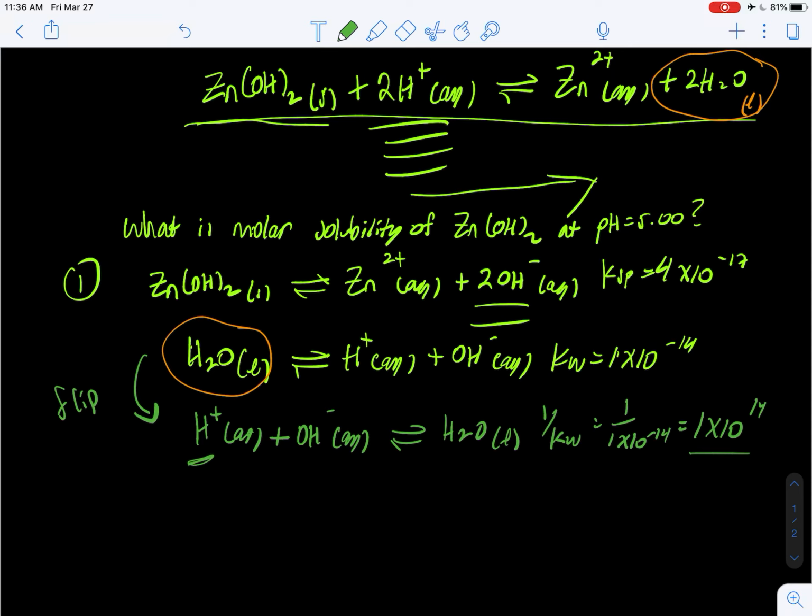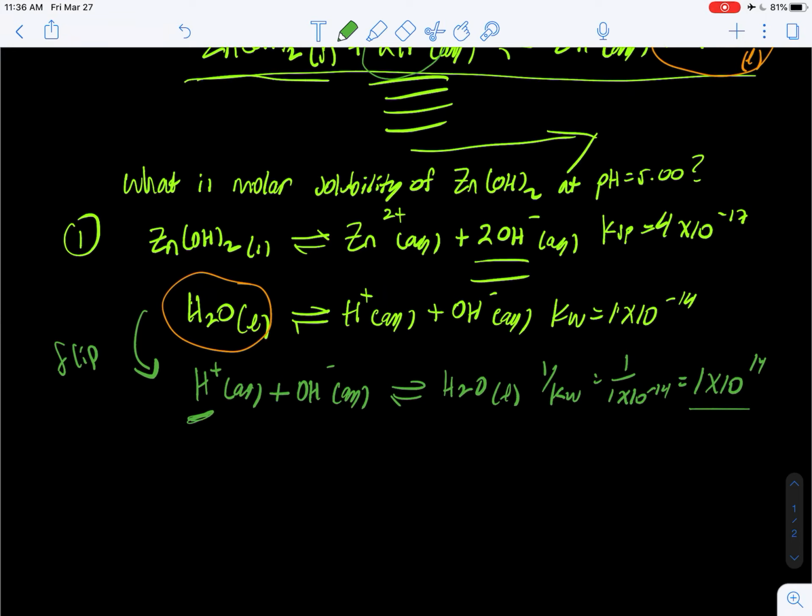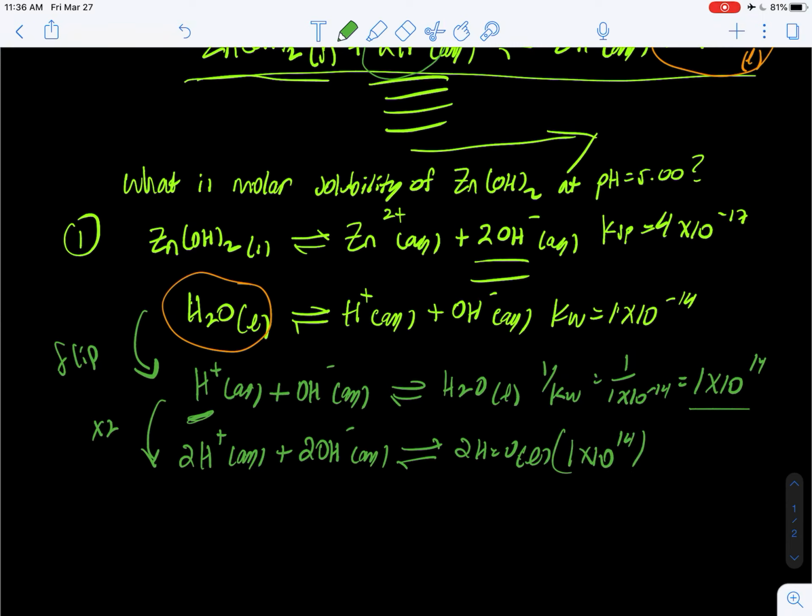Now, there's one H plus here, but in our equation that we're looking at, we need 2. So we want to multiply all of these things by 2. And if we do that, we basically take the equilibrium constant and we square it.